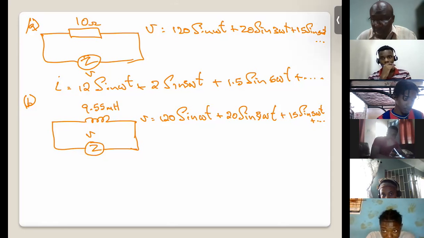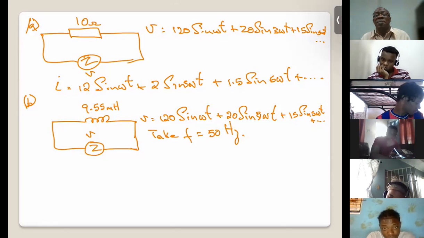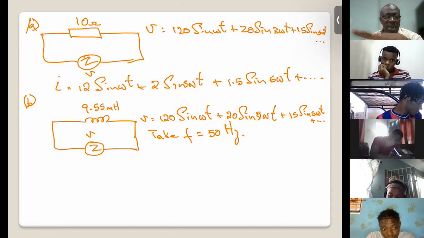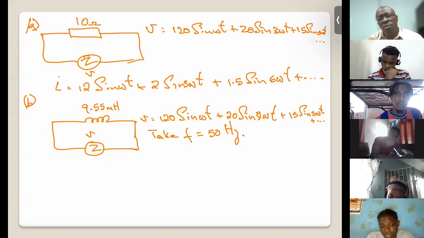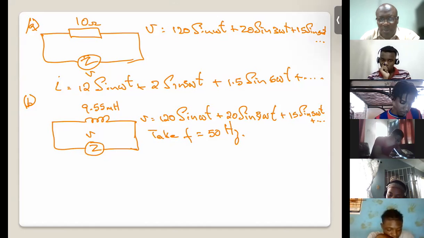All right? So that's the key. You assume it. So let's take F, because I have already done the question. We're going to take it to be 50 hertz. All right? So now that we know F is 50 hertz, I'm going to go through the systematic way in which you solve these questions. You have a fundamental and you have the third and the fifth harmonics, yes?